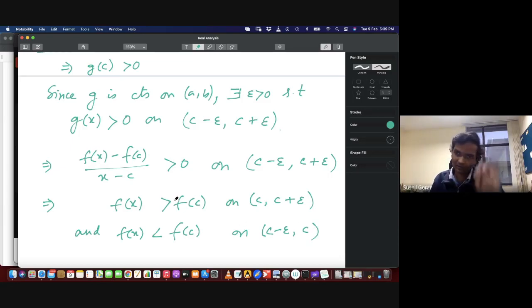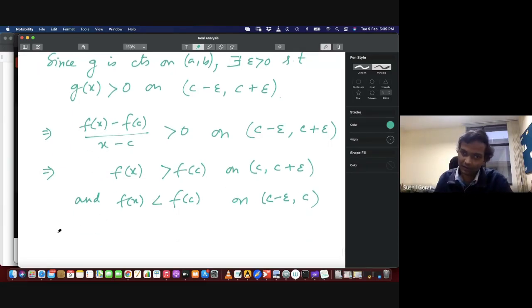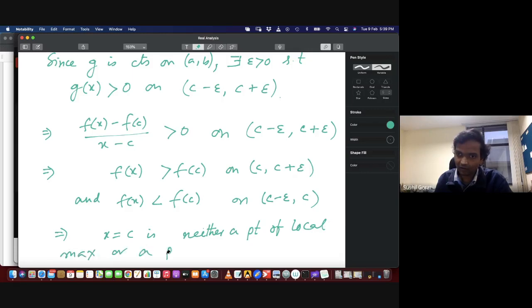So this implies x equal to c is neither a point of local max or a point of local min, right? So here it means this c is not a local max, and this means it's not a local min.